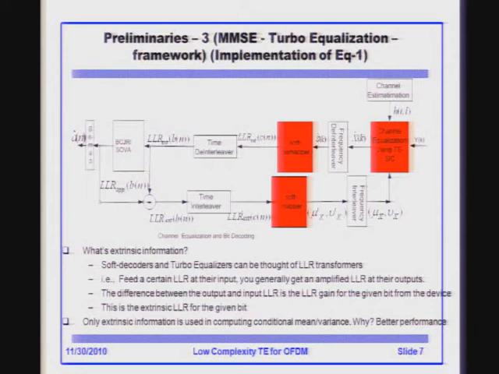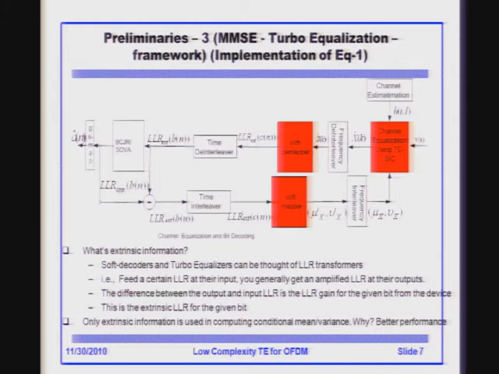The way we can look at extrinsic information is, whether it is a decoder or a channel equalizer, you can consider them to be like log likelihood ratio transformers. You feed in a log likelihood ratio at the input, and you get another, generally slightly higher, log likelihood ratio at the output.